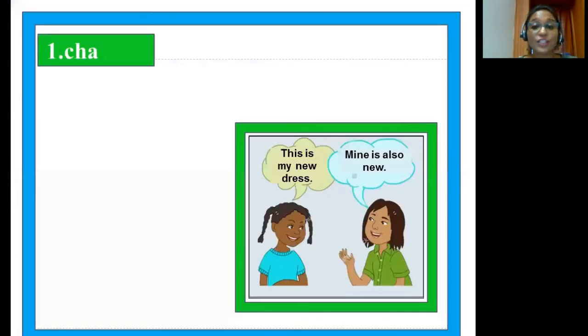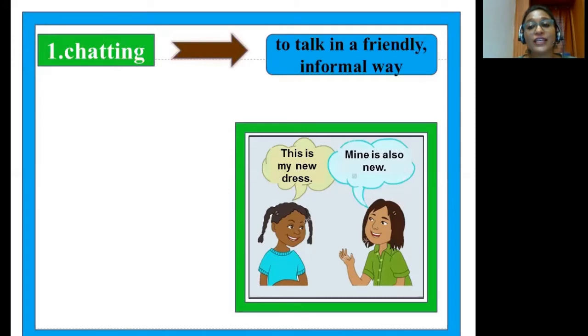Our first new word is chatting. Now, children, I know you all know the word chatting because whenever a teacher is not there in the class, you all chat with your friends, isn't it? Right. The word chatting can be defined as talk in a friendly, informal way. In the picture that is given on the screen, you will find two girls, two friends who are chatting.